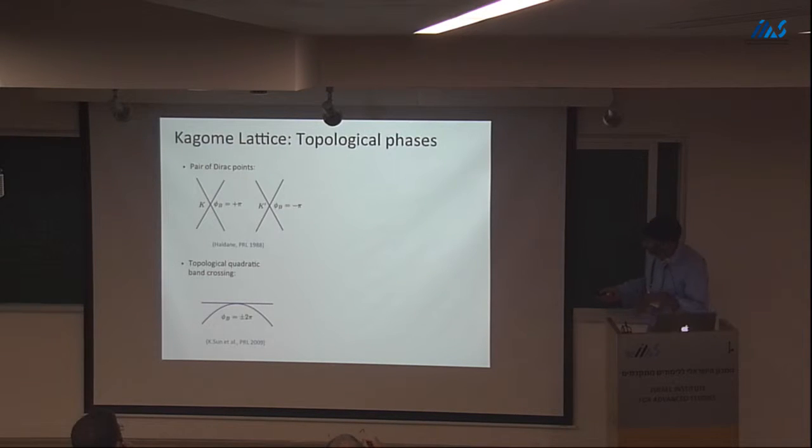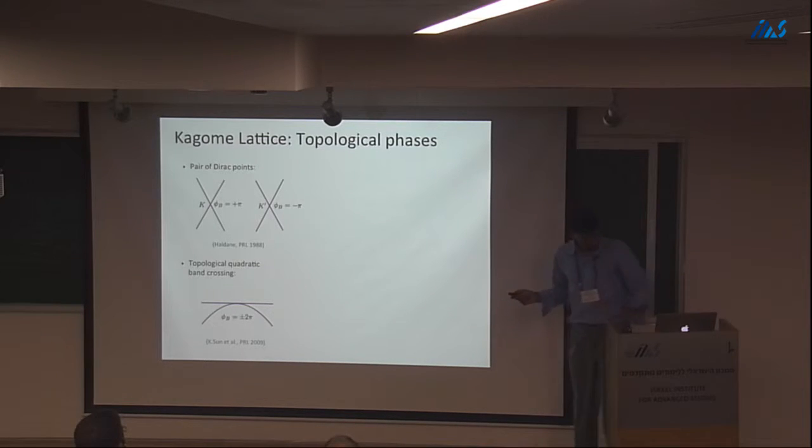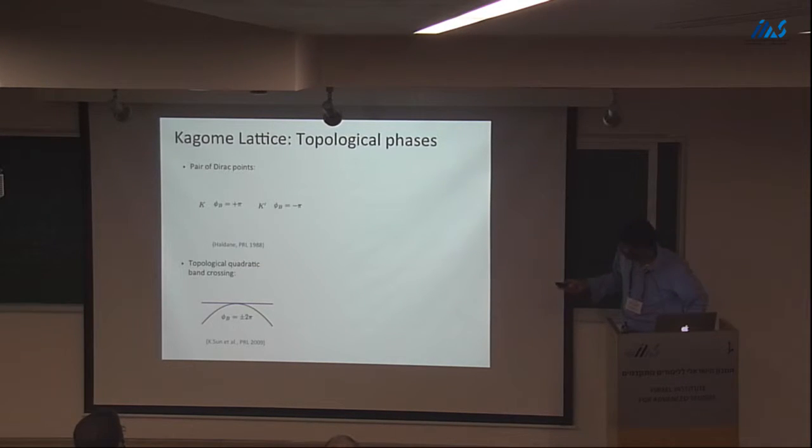Now this was already known in a very different context. If you look at a paper by Haldane in the context of topological insulators, he was saying that suppose in a hexagonal unit cell, you have K and K prime, so you have these Dirac points, and then you do something to the lattice and you open the gap, and that is in the context of topological insulators.